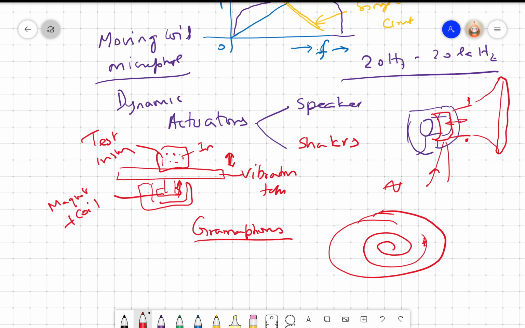And the music is recorded on this, and you put a needle, and the needle will vibrate when the disc rotates, and you attach the needle to a small magnet and put a coil around it and take the output. So again, this is called dynamic pickup. If any of you have used a gramophone record, most probably you would have come across this.